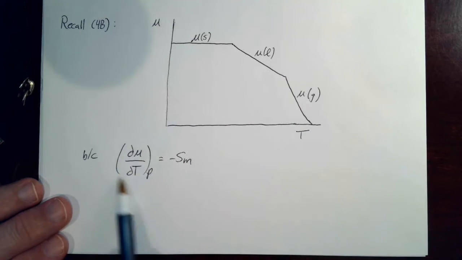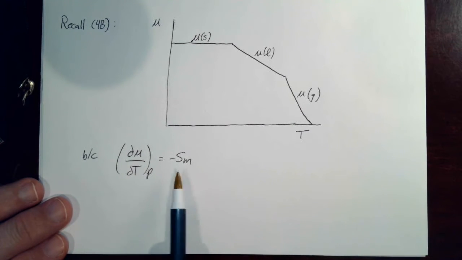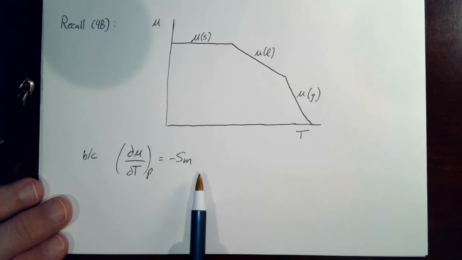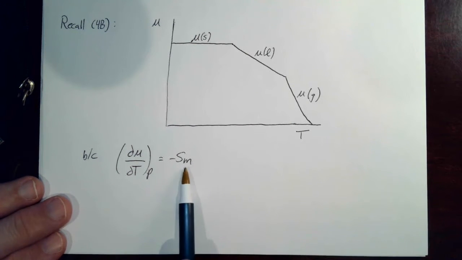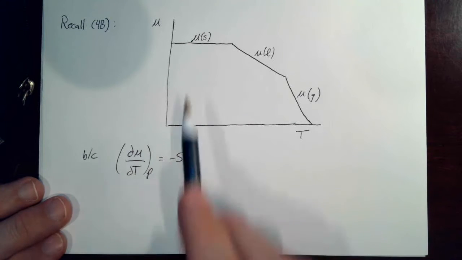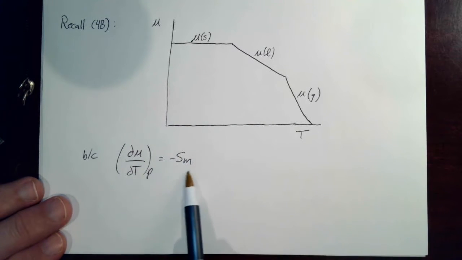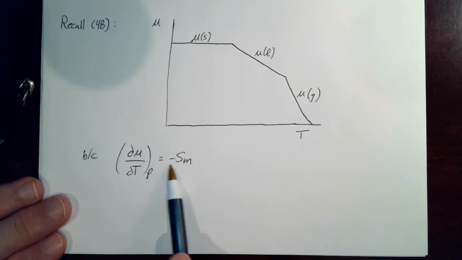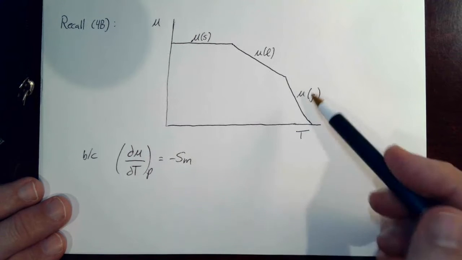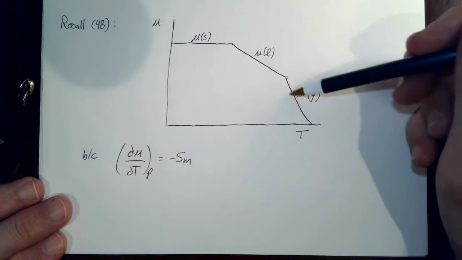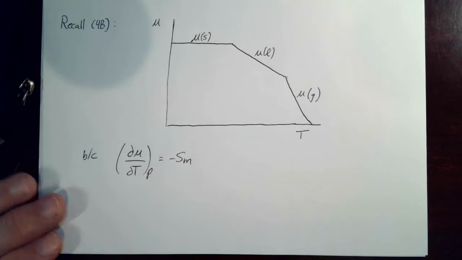And the slope of this line is equal to the negative of the entropy. Entropy is always positive, so we're always going to have a negative slope. And entropy for a solid is less than entropy for a liquid, so that's why solid is less steep than liquid, and that's less than the entropy of a gas, so there's going to be an even steeper negative slope for the gas.